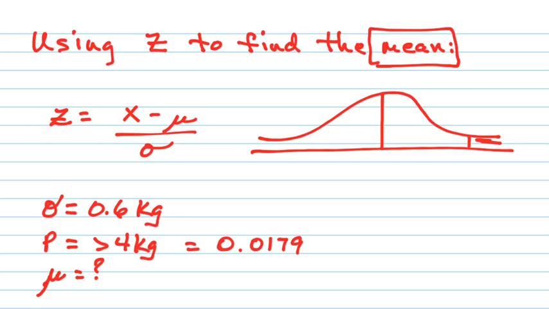So it's a very, very tiny piece of information. Yeah? Now, we know the mean is here, right? So if this is 4, we need to find the z value for that.